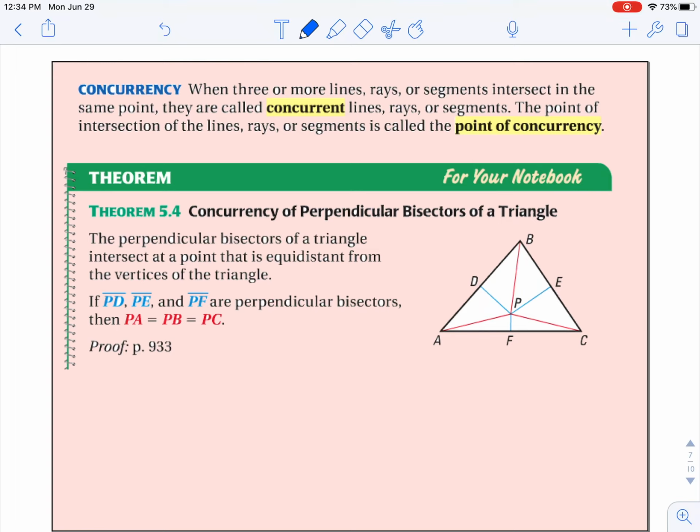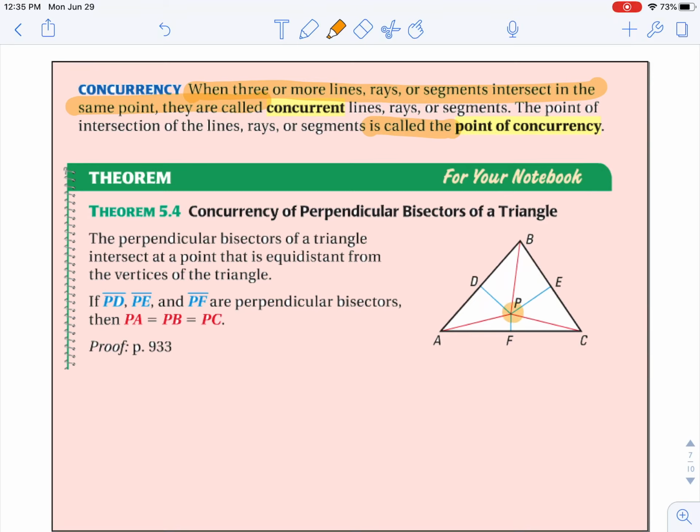So let's talk about something called concurrency next. When three or more lines, rays, or segments intersect in the same point, they are called concurrent lines. And where they meet is called the point of concurrency. There happens to be a theorem about the concurrency of perpendicular bisectors.